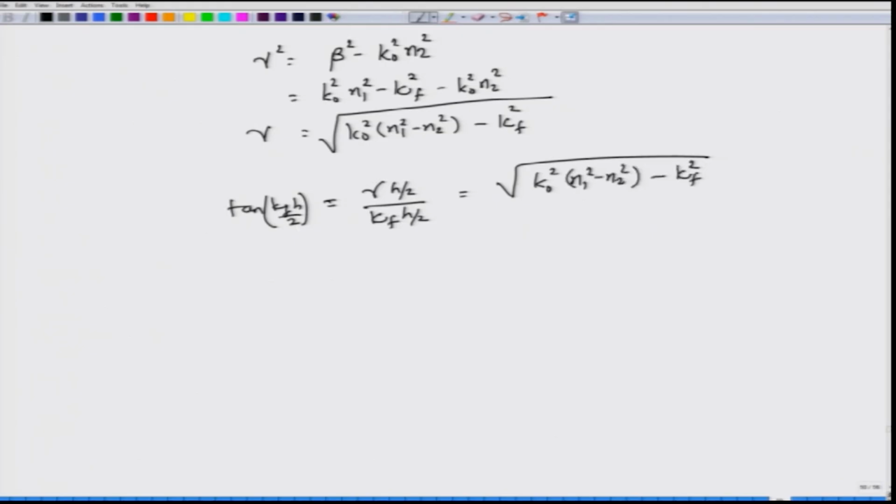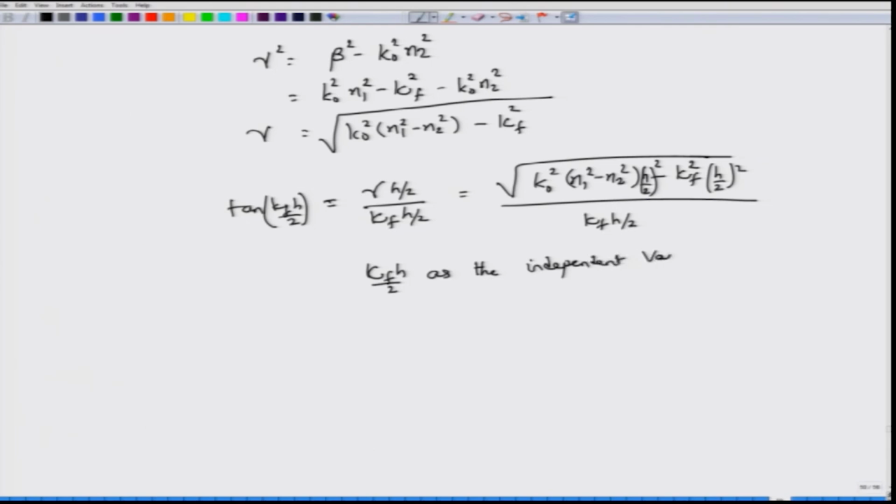When you take h/2 inside the square root, this becomes (h/2)^2, and the denominator is essentially kappa_f h/2. So, what you have is a solution in which I can treat kappa_f h/2 as the independent variable, because the equation that we have written essentially depends on kappa_f h/2.